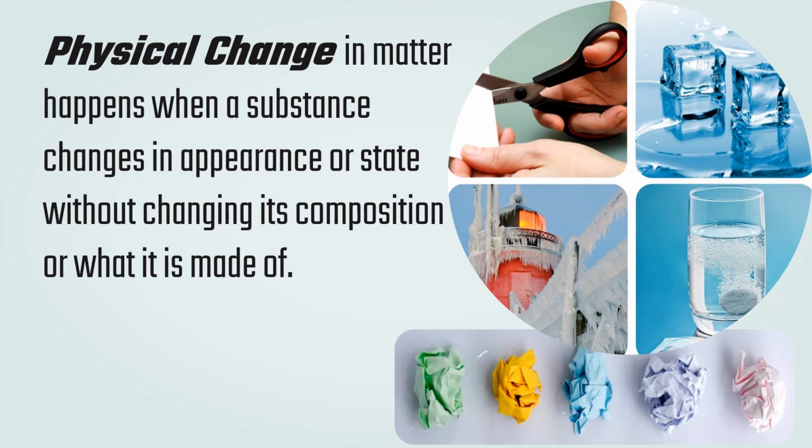Salt or sugar dissolves in water, but the salt, the sugar, and the water remain the same materials. The particles of salt and sugar may appear to change in this mixture, but the identity of each matter is not changed.